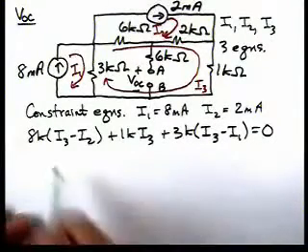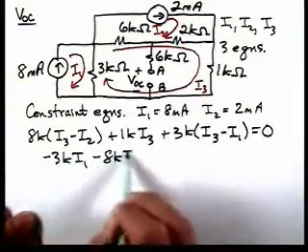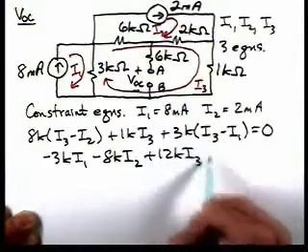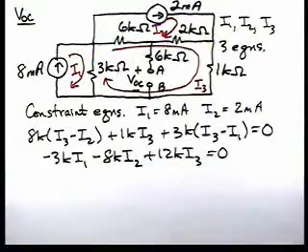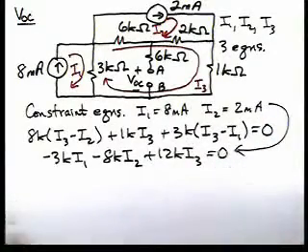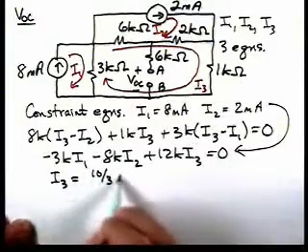And we'll have then minus 3K I1 minus 8K I2 plus 12K I3 equal to 0. And if we substitute our constraint equations in here, we'll get I3 equal to 10/3 of a milliamp.